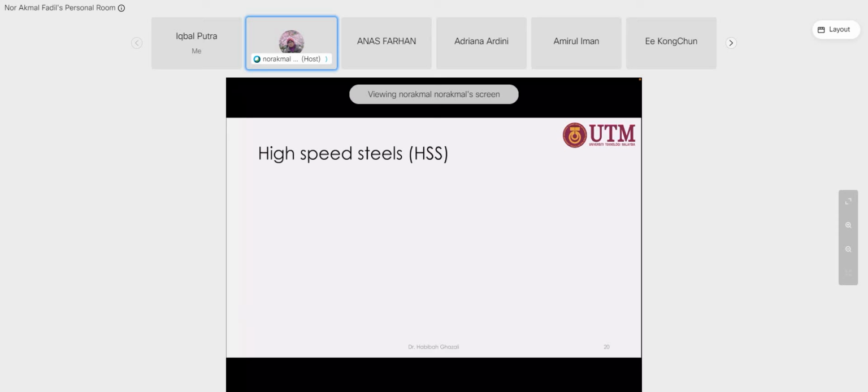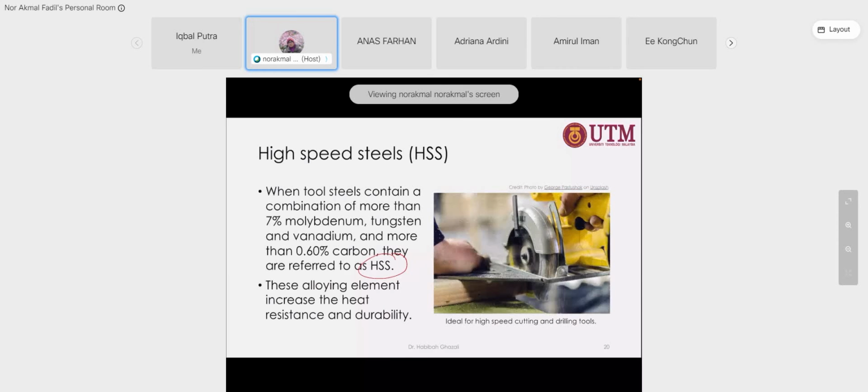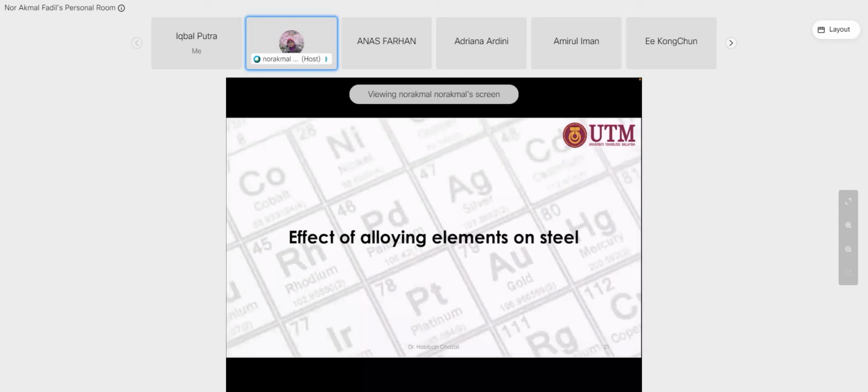Another category of alloy is high speed steel, when the tool steel contains a combination of more than 7% molybdenum, tungsten, and vanadium, and more than 0.6% carbon. They are referred to as high speed steel. More special, these alloying elements increase the heat resistance and durability of the tool steel. So that is the effect of alloying elements.